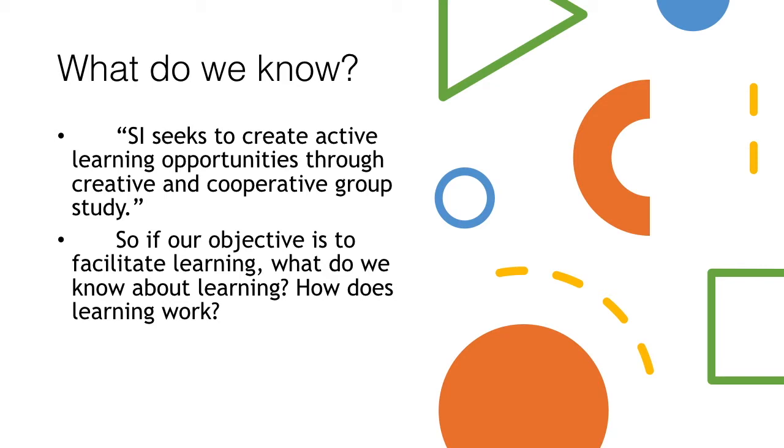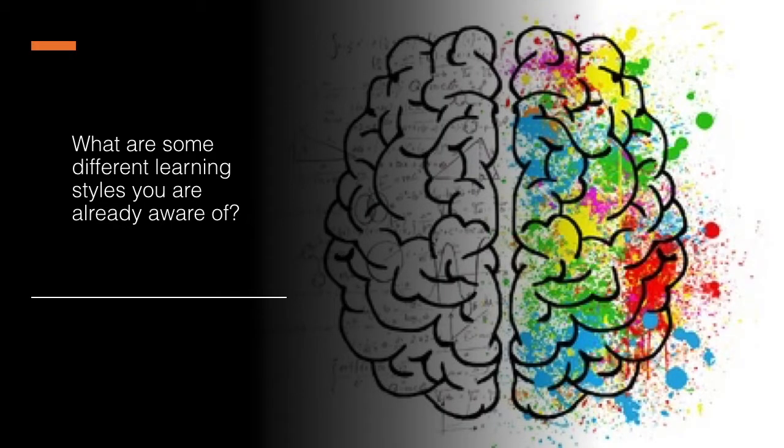So if our objective is to facilitate learning, to create learning opportunities, what do we know about learning? How does learning work? Understanding the nuts and bolts of that process is going to inform how we go about creating those opportunities. One of the questions I put on your worksheet is to consider what are some different learning styles that you are already aware of.